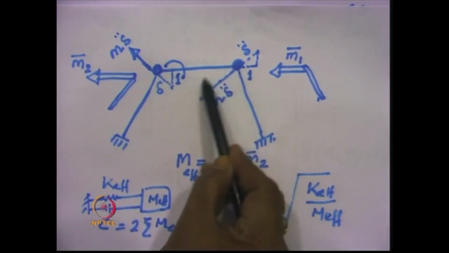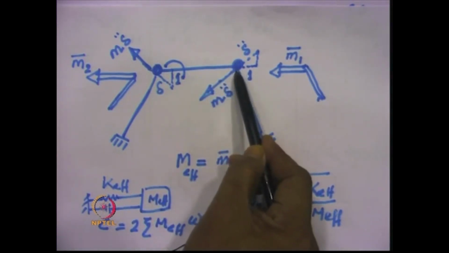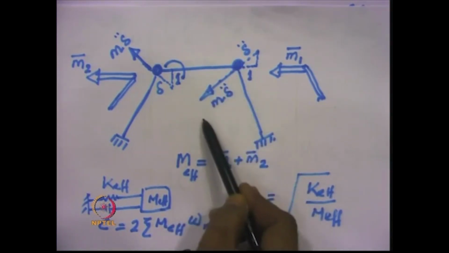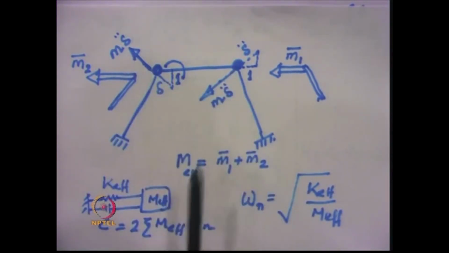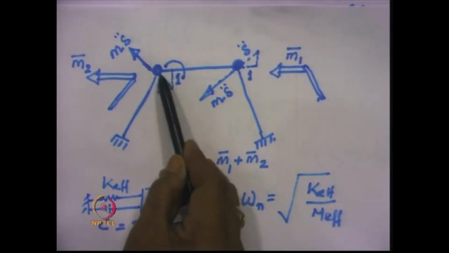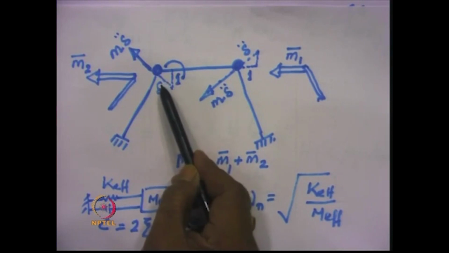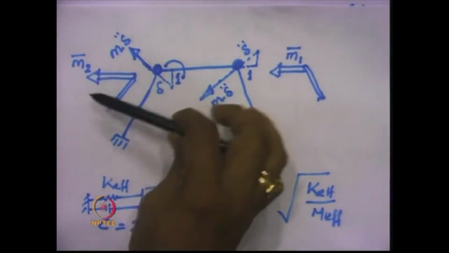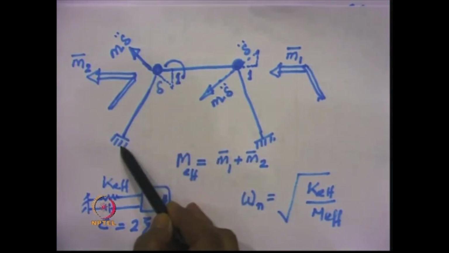Similarly, m multiplied by delta double dot will be the acceleration produced in this direction, and hence mass multiplied by delta double dot will be the inertia force. So, these are the two inertia forces that will be generated over here because of the movement of the structure in the horizontal direction, maintaining the inextensibility condition, and these two forces are resolved, one along this direction and the other along the member.